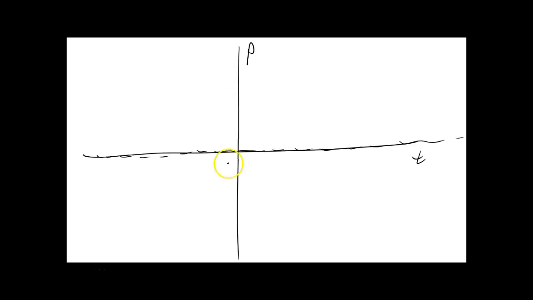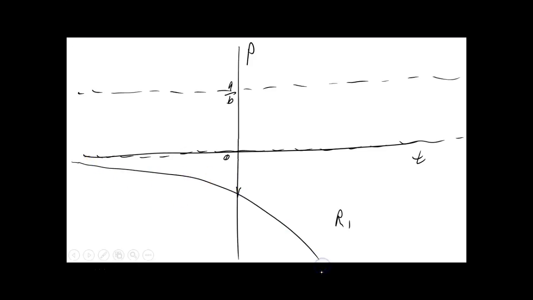This is where this is 0, and this is the a over b. Okay. You know you have basically a horizontal asymptote there. What this is doing is breaking the space into an R1 down here, where, remember, our little arrow said we're going downhill, so it's doing something like that.